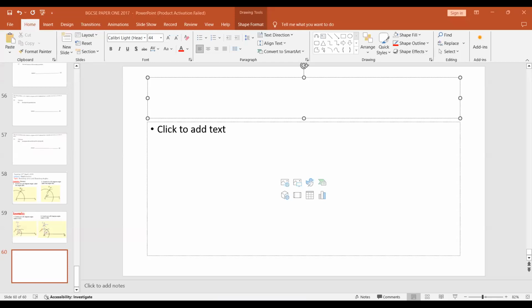So let's write down the steps for bisecting a line.